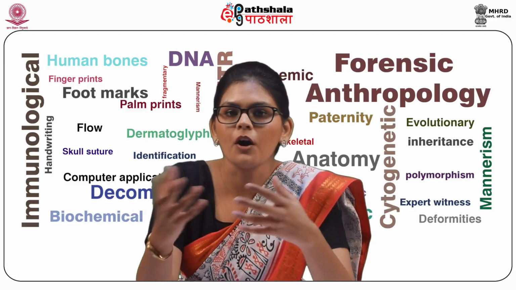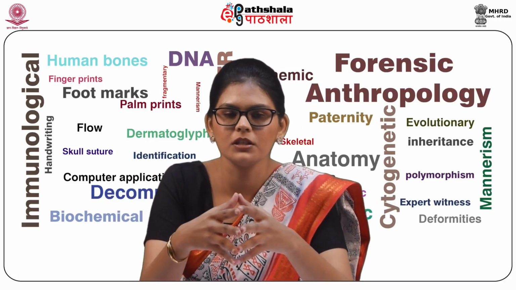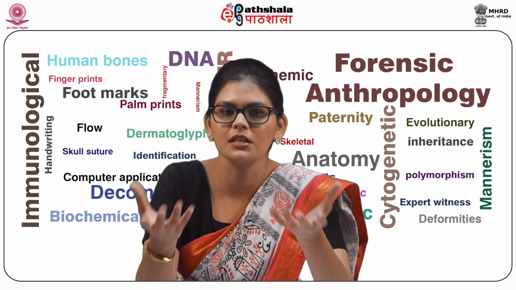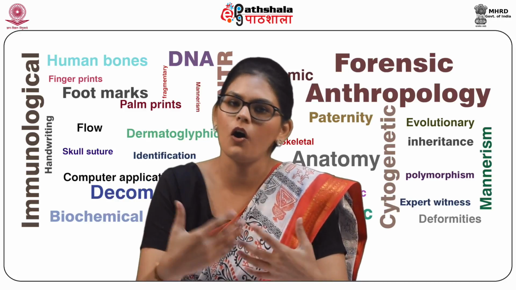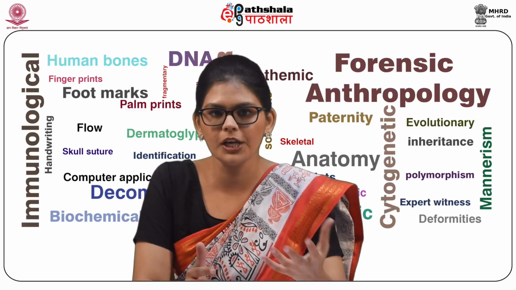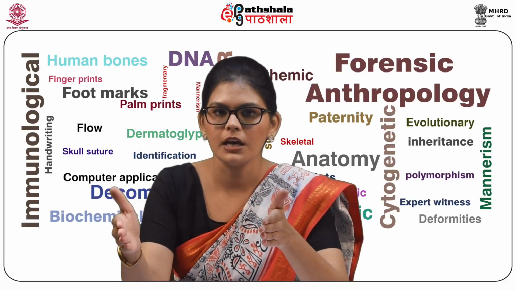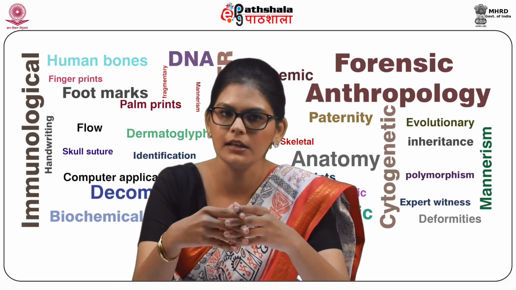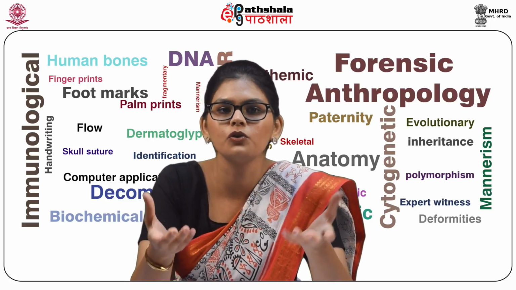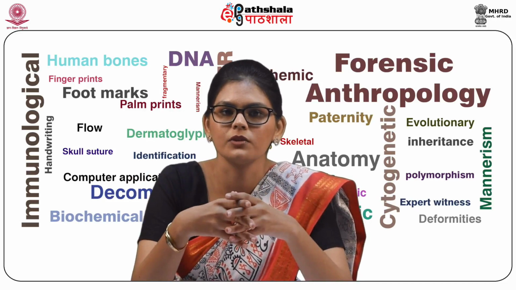A forensic anthropologist tries to ascertain if the mutilated parts are human or non-human. If the body belongs to a human, the forensic anthropologist elucidates certain points to establish his partial or complete identification. All mutilated or fragmentary parts should be arranged in anatomical order and it should be determined whether they belong to one individual or more than one individual.